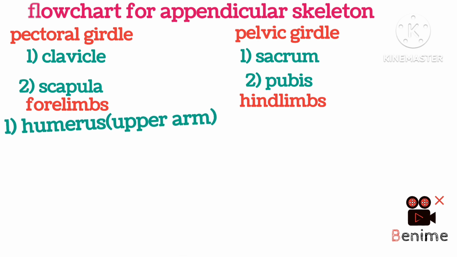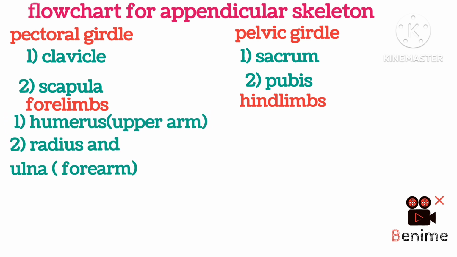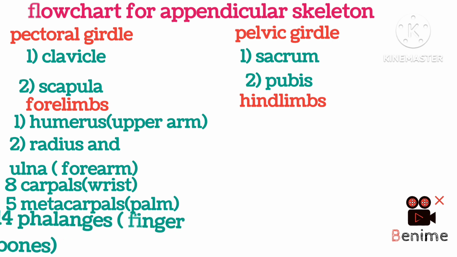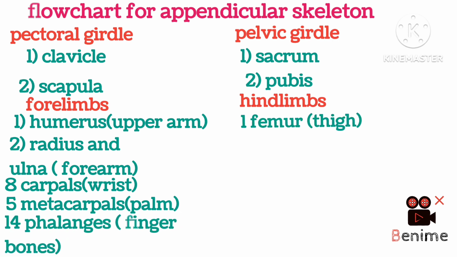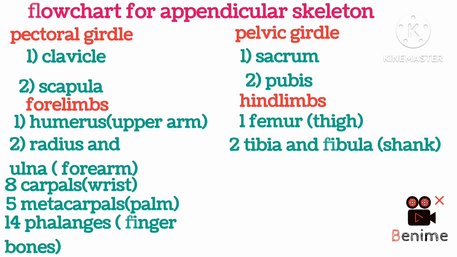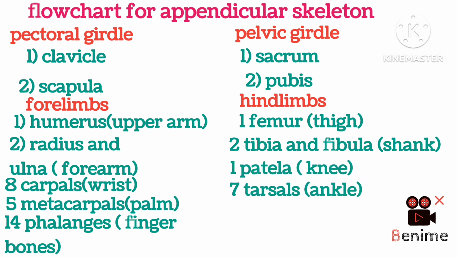Forelimbs consist of humerus bone in the upper arm, radius and ulna in the forearm, 8 carpals in the wrist and 5 metacarpals in the palm, 14 phalanges, finger bones. Hind limbs consist of 1 femur bone in the thigh region, 2 tibia and fibula in the shank, 1 patella in the knee, 7 tarsals in the ankle, 5 metatarsals in the foot, and 14 phalanges, toes.